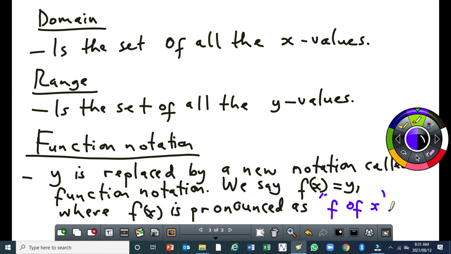I don't expect anybody to get confused at this stage when you see f of x, g of x, h of x, and so on. All of them are equivalent to y. So y is replaced by f of x, g of x, h of x, and so on. The moment you see h of x or f of x, what must come into your mind is that this is y. If you don't get that part, then you might have a problem.